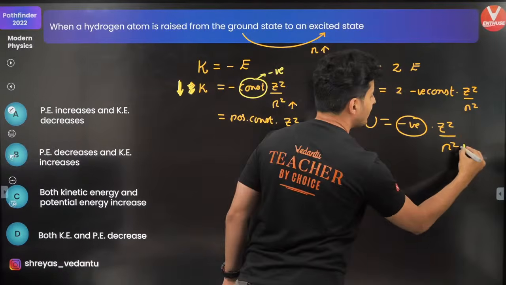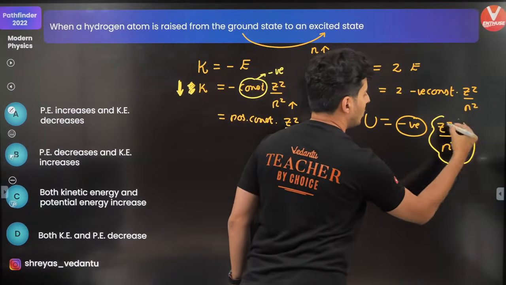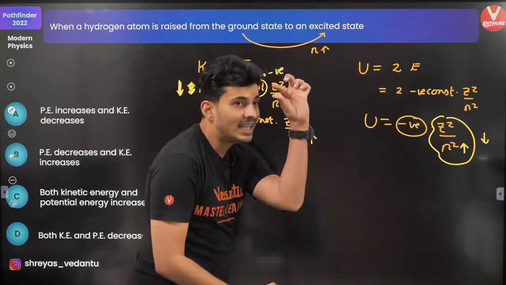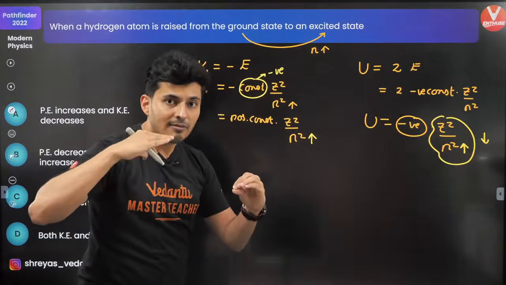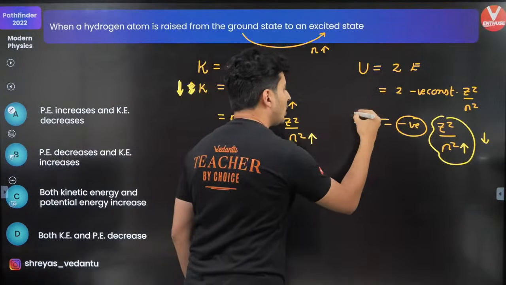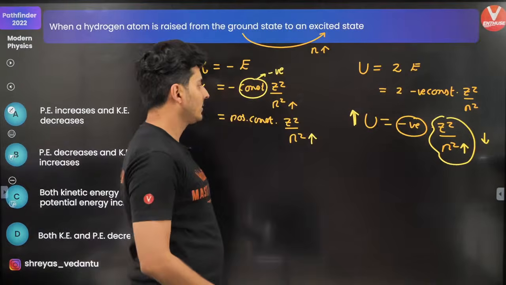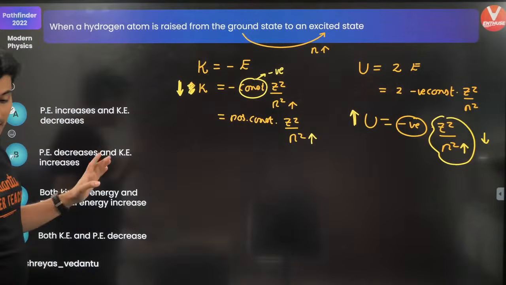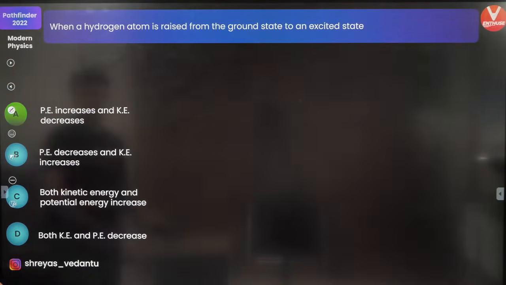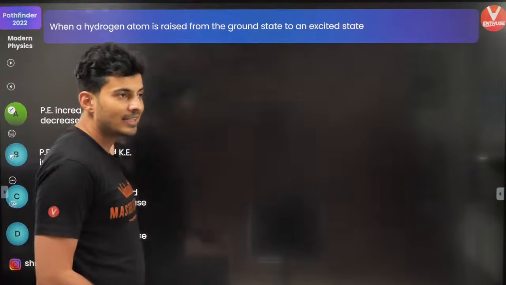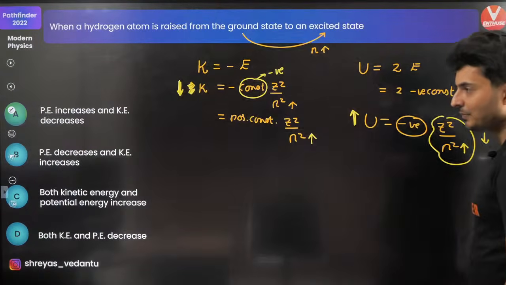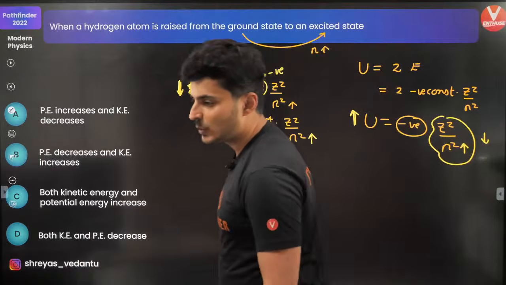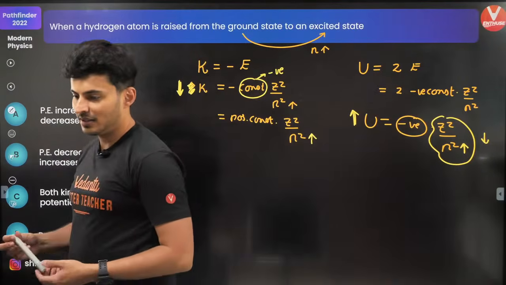If n increases, this ratio will decrease. It will become less negative. That means value wise it will increase. So potential energy increases, kinetic energy decreases. So that should be option A, I believe. Yes, it is A. Understood? Clear? Very good.